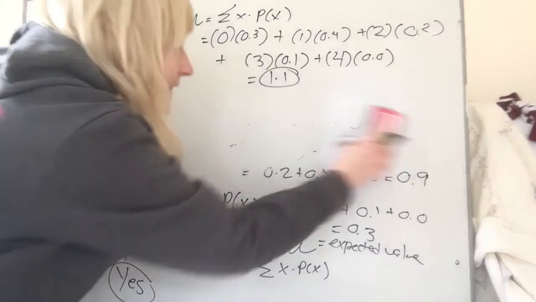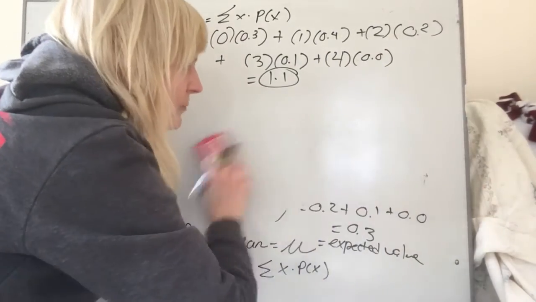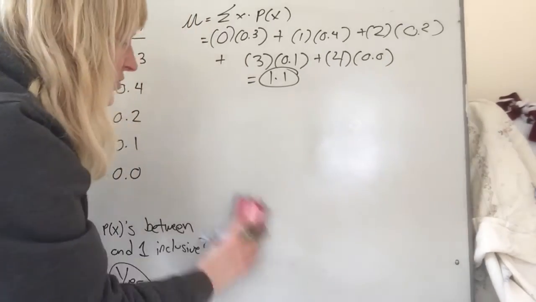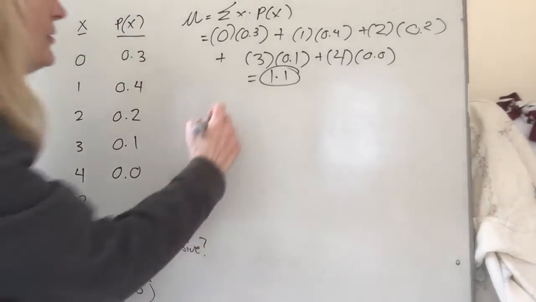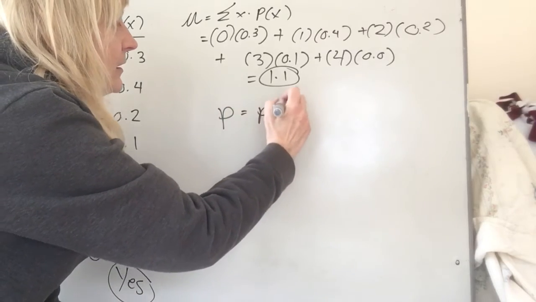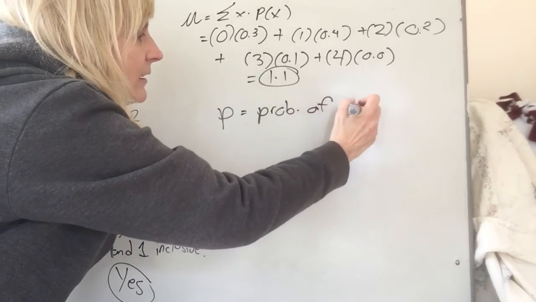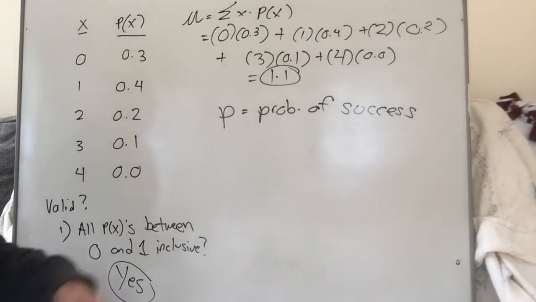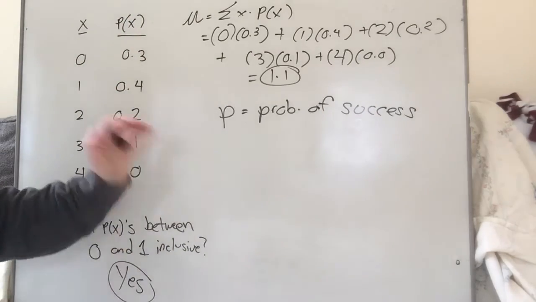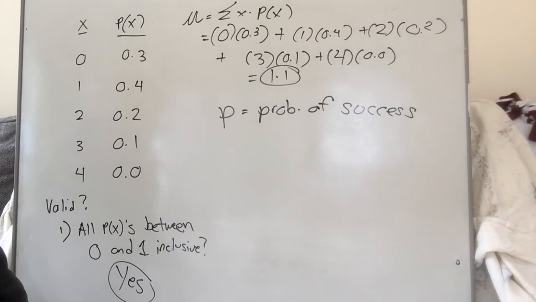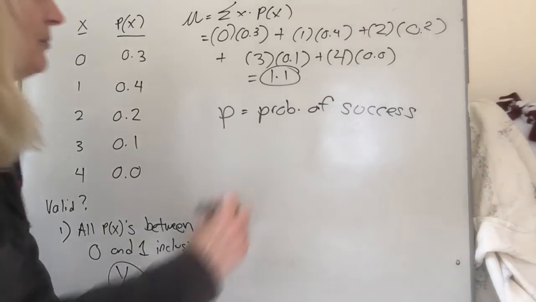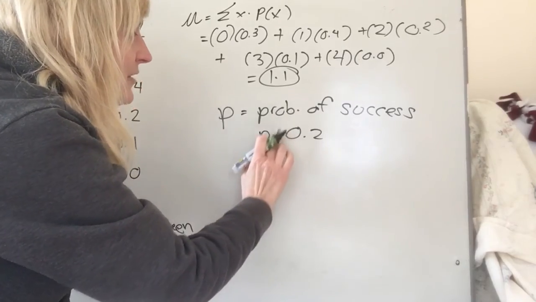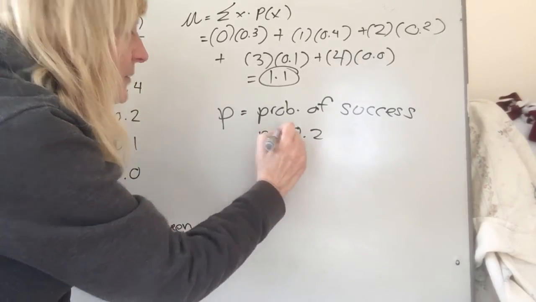I think the last question on the quiz is probably a simple one, but they give you P and they ask you what Q is. So P is just a probability of success value. Say your probability of doing good on this quiz is 20%. That's not good. If that was the case, P would be 0.2. 20% corresponds to 0.2 as a decimal.